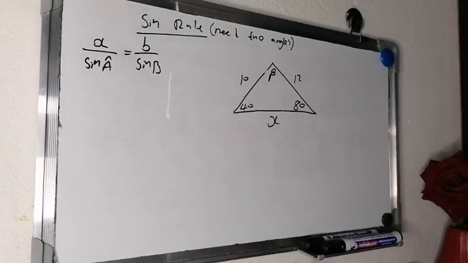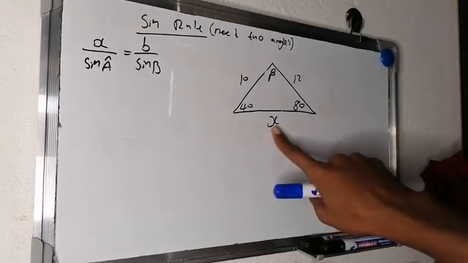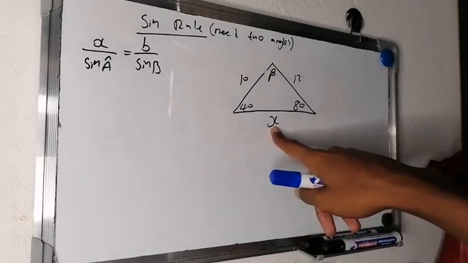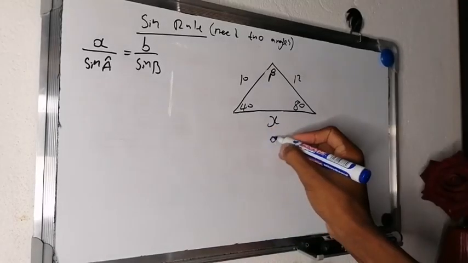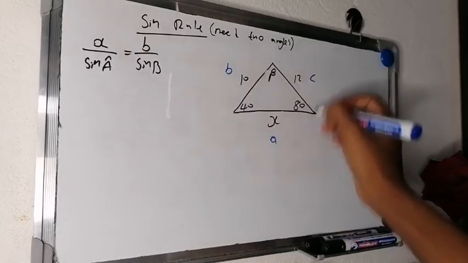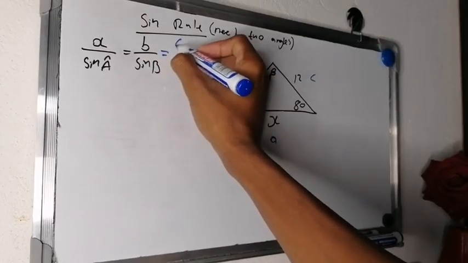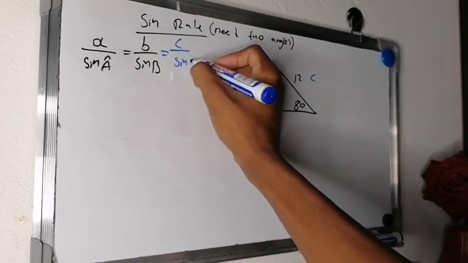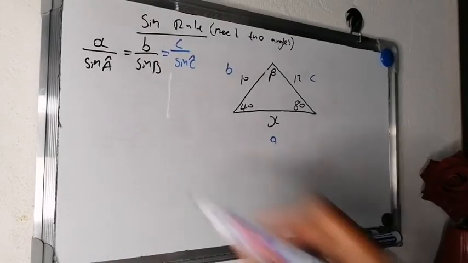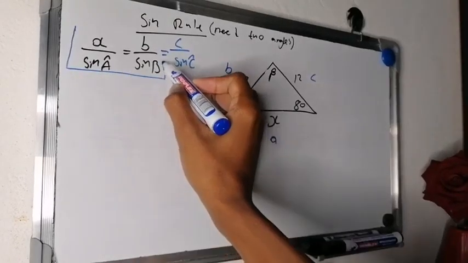You can say this is my A, this is my B, this is my C: A, B, C. By the way, this formula keeps on going and says sine C, but basically you only have to work with 2 fractions.